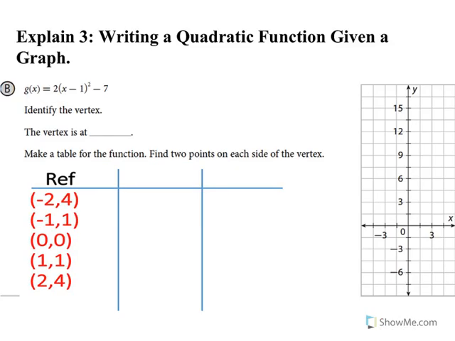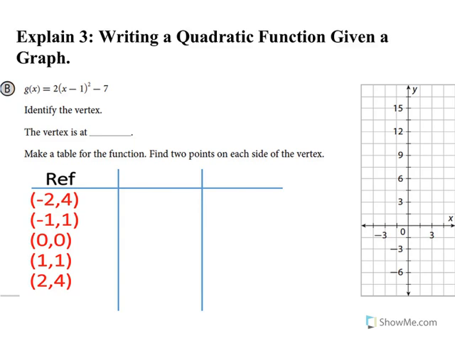Okay, so number 3, write a quadratic function. Writing a quadratic function given the graph. Right. So here we have g of x is equal to 2 times the quantity x minus 1 quantity squared minus 7.